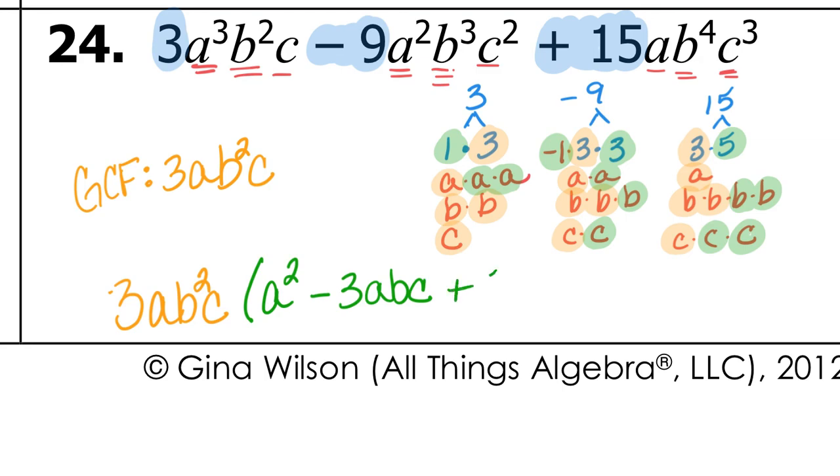So a positive 5 with 2 B's and 2 C's. So if you break these down, if you're a color coder like myself and you like to keep things color coded, it really, really helps to look and see what they have in common, or circling the things that they have in common. And then everything that's not circled or everything that's not highlighted must be what's left over.